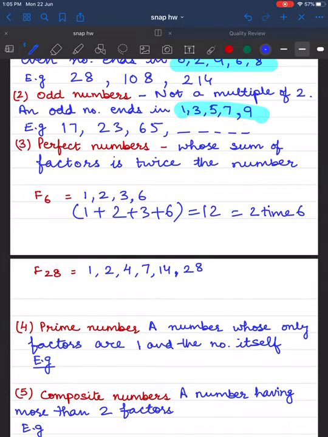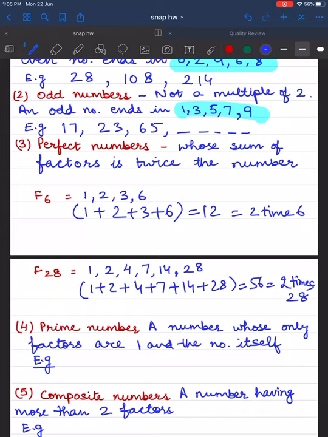Let's take another example. Factors of 28 are 1, 2, 4, 7, 14, 28. Now if I add all these factors, I get 56, which is 2 times 28. So 28 is also a perfect number.